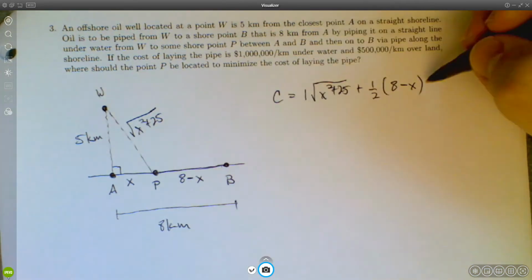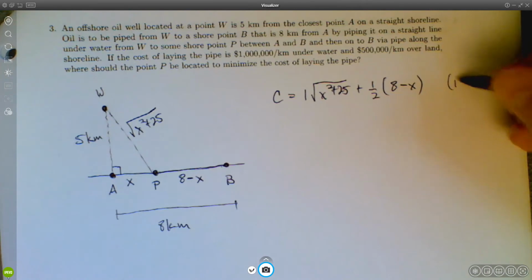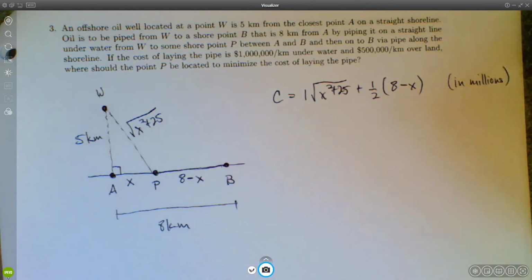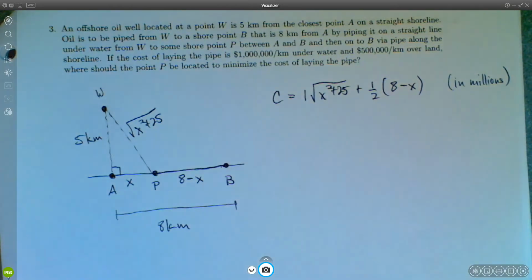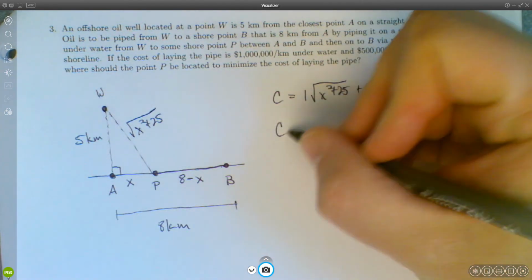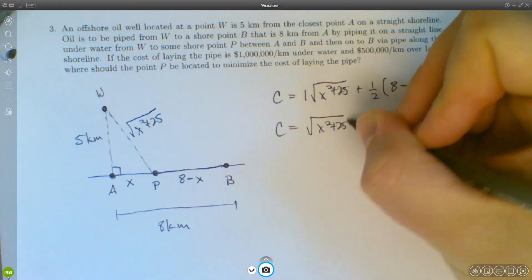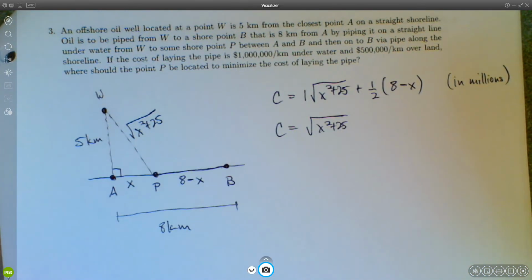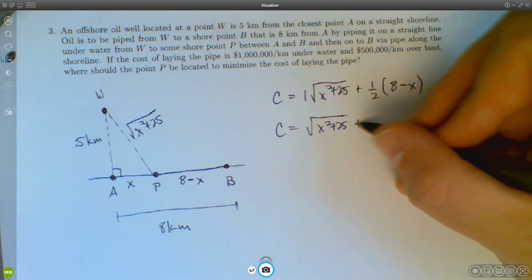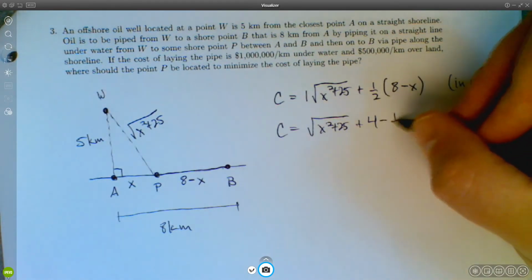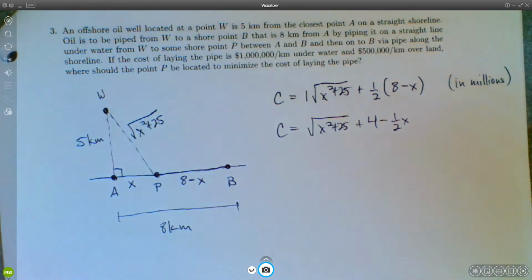So this is the cost in millions of laying the pipe. And notice that it's all expressed in terms of a single variable already, so that's nice for us. We can simplify it a little, right? Okay, something like that.